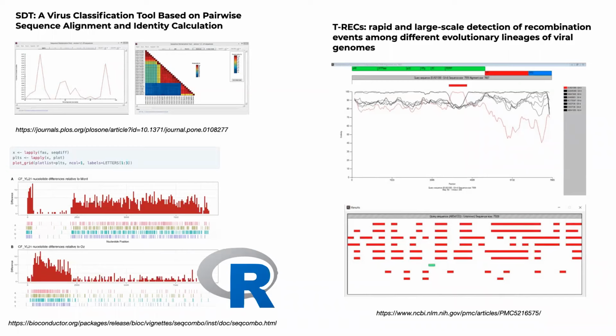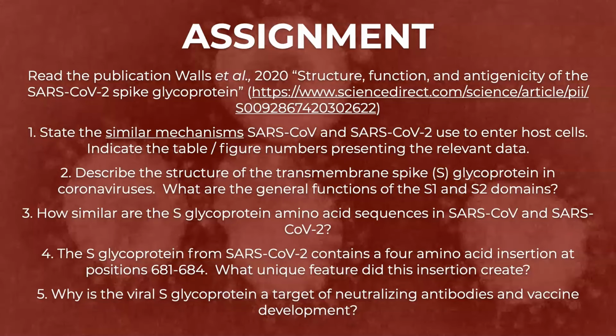Okay, so at the end of the last session, we had this assignment, or a suggestion, to read a paper to think about today's topic, which was based on this publication from, I believe, early 2020 called Structure, Function, and Antigenicity of the SARS-CoV-2 Spike Glycoprotein.